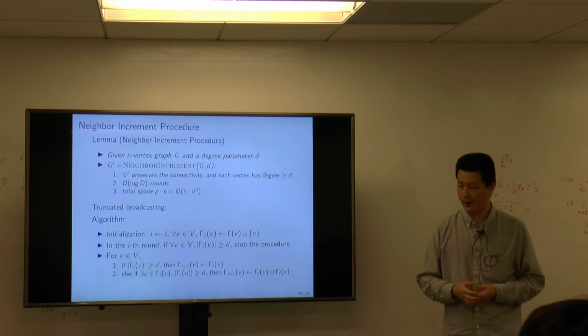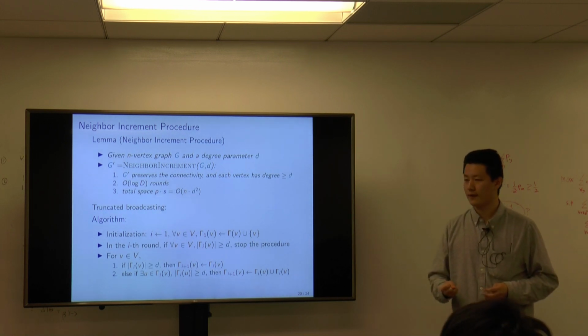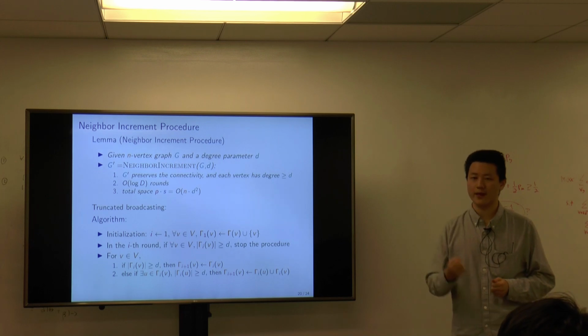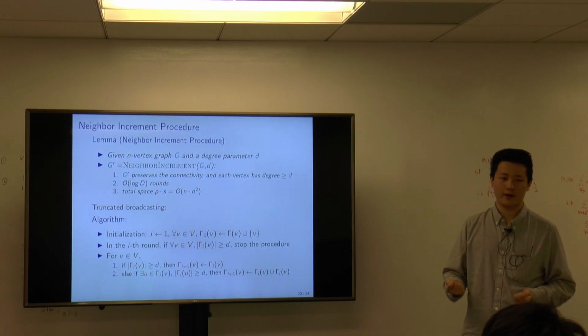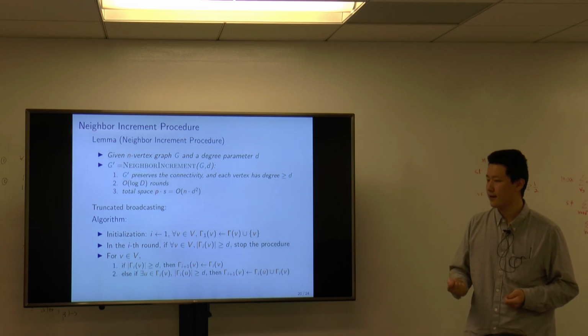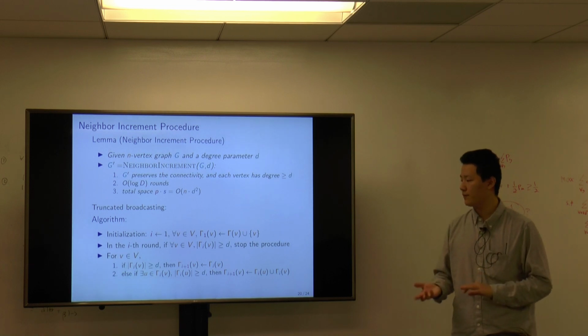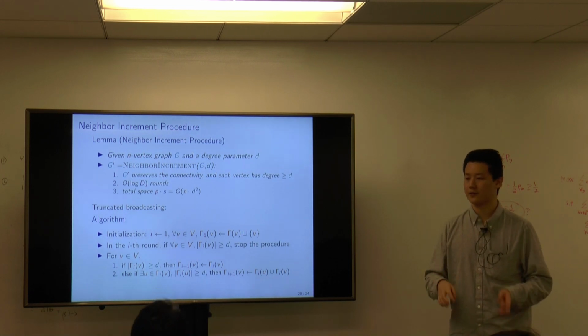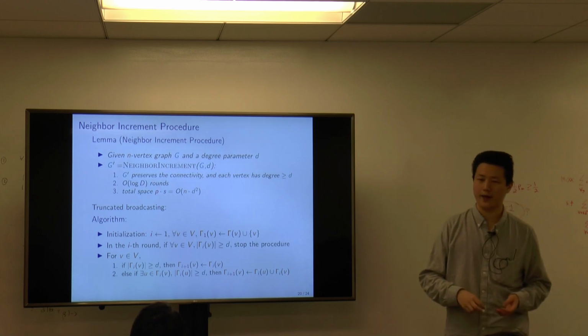Otherwise, if the vertex v has a neighbor set of size smaller than d, in one case, there's a neighbor u of vertex v which has a neighbor set of size at least d. In this case, we can make all the neighbors of u be the new neighbors of v. So after this round, the neighbor set of v will be at least d.